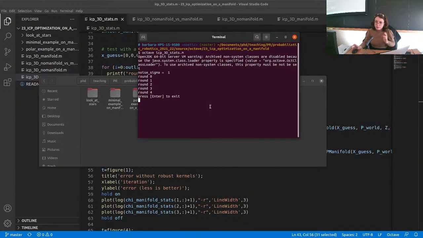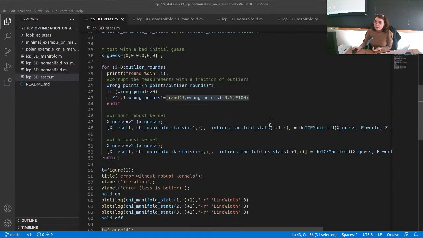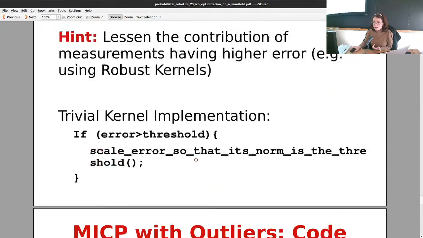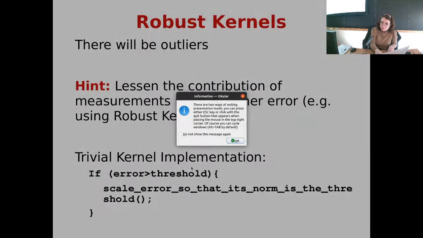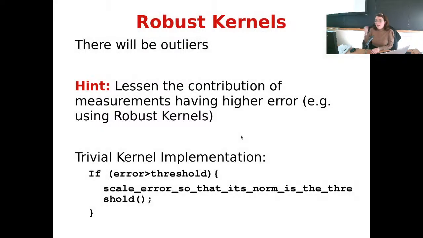But the important thing is that we can do something about this. And in particular, we can use robust kernels. And again, back to the slides. As I was mentioning, you can recognize that the point is an outlier because the error is bigger than a given threshold, and in any way much bigger than the error associated to inliers. So what you can do is you can lessen the contribution of these measurements.